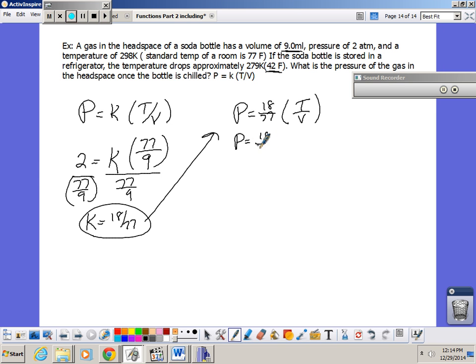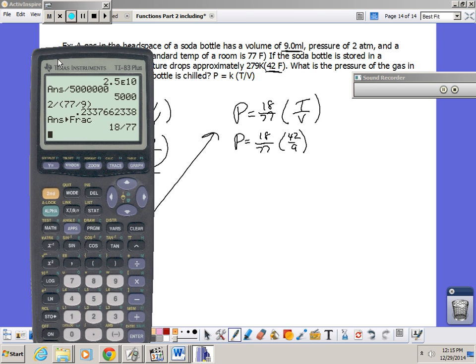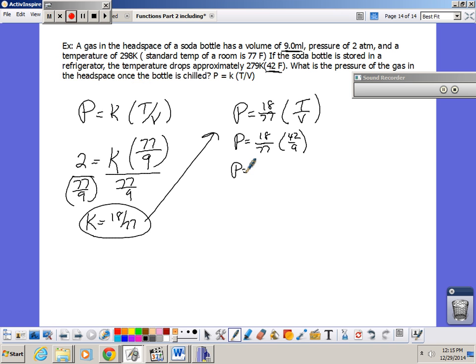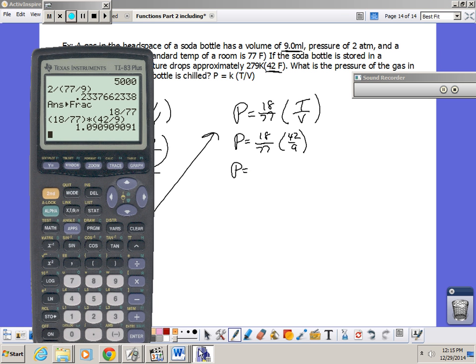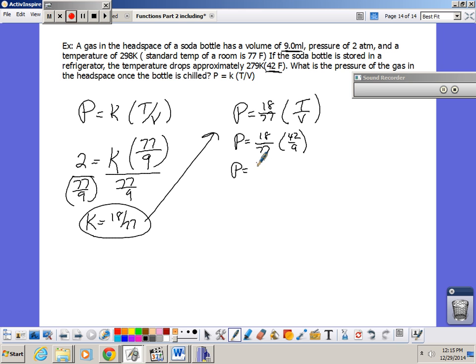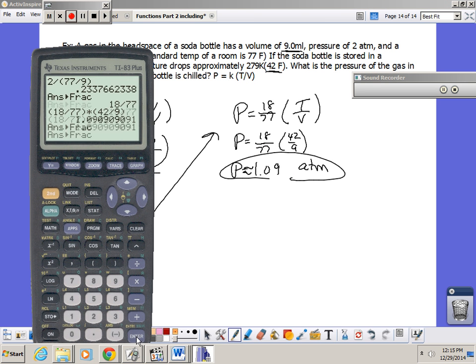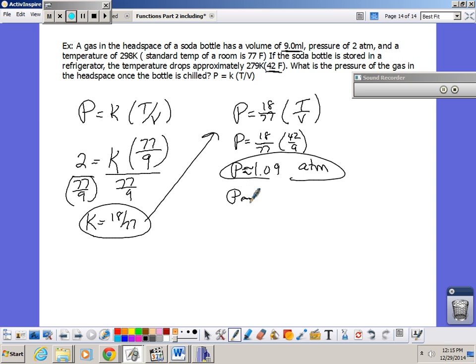So P is equal to 18 over 77 times 42 over 9. The pressure is approximately 1.09 atmospheres. And that I'm pretty sure does change to a fraction. Or you can say the pressure is exactly 12 over 11 atmospheres.